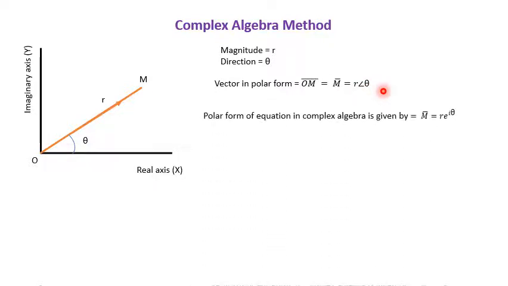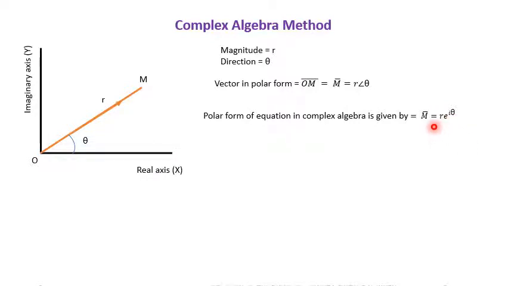Okay, now using this polar form, how do we represent this link in the complex algebra method? Using the complex algebra method, I'm going to use this polar form equation. Vector M is equal to r into e to the power of i theta. Like this we have to represent it in the complex algebra method. Clear?